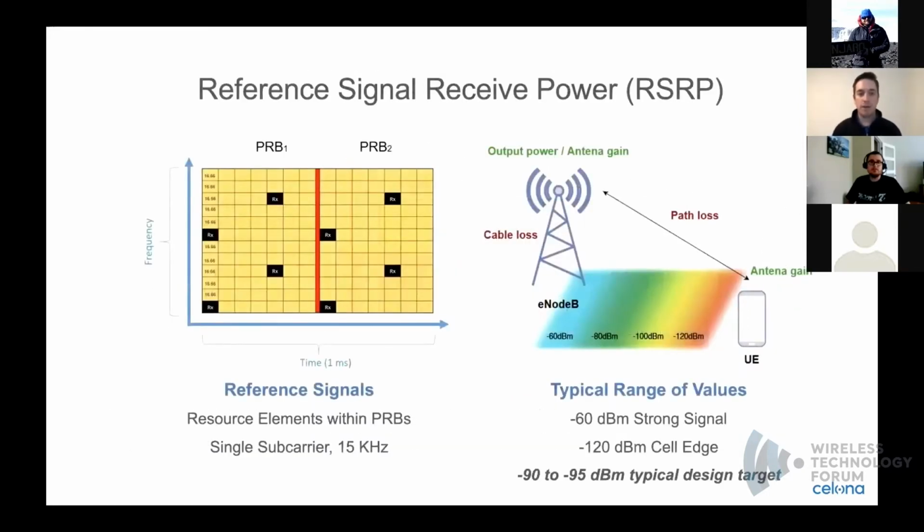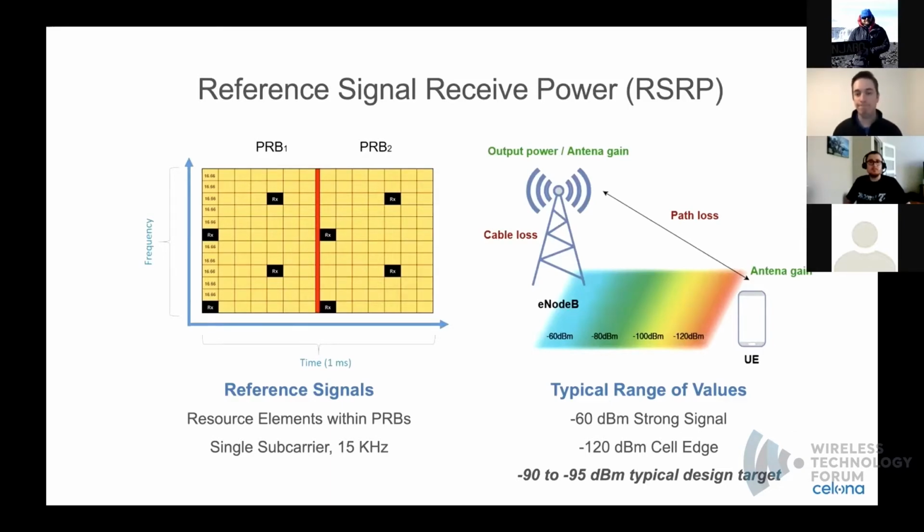So when we look at RSRP, those reference signals in the OFDMA time space are sent within the physical resource blocks on very specific tones or subcarriers at specified intervals throughout the transmission. Those are sent on a single subcarrier at 15 kilohertz wide, and that is what we're measuring the signal strength on.